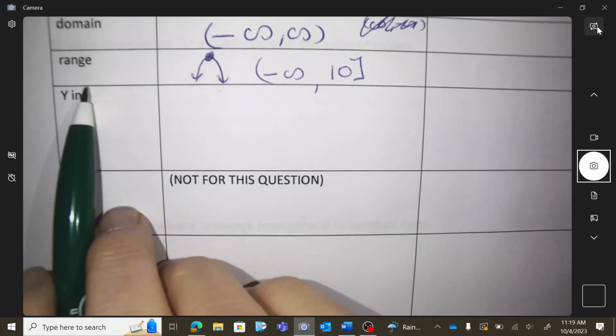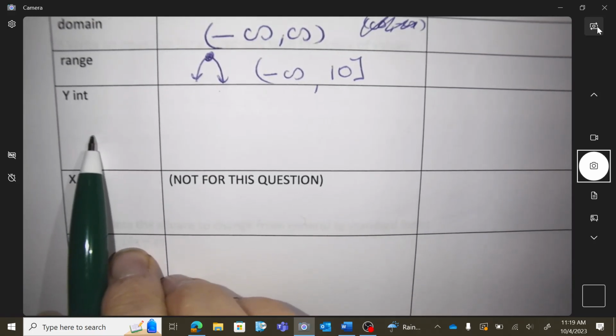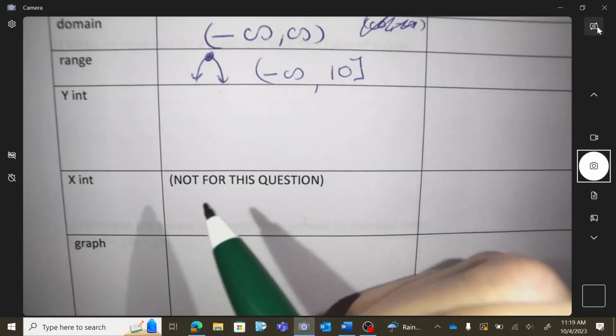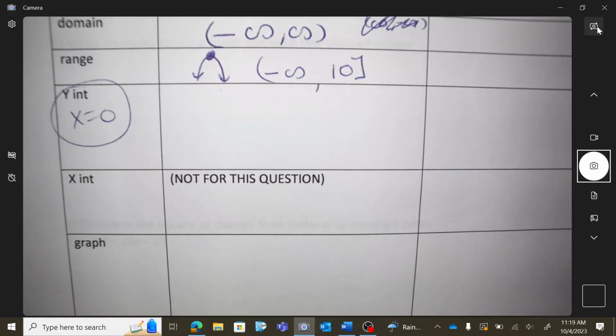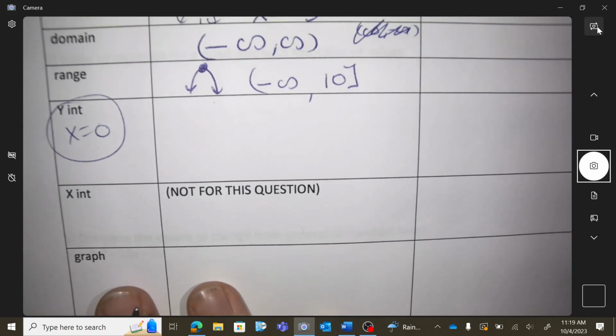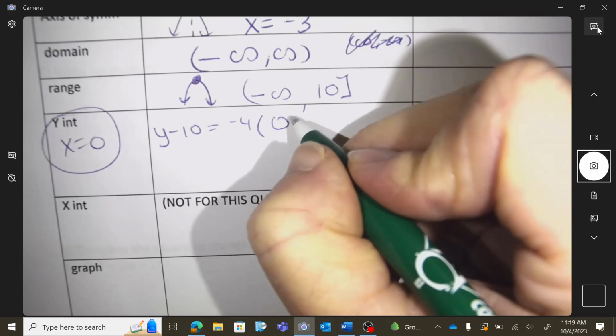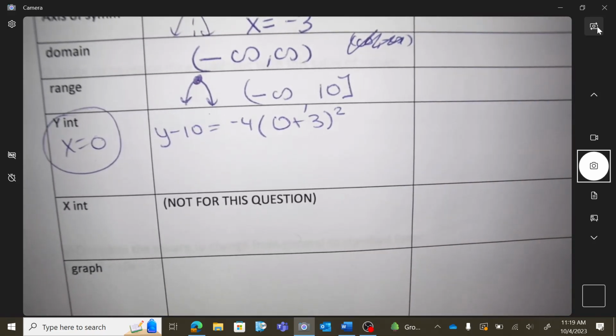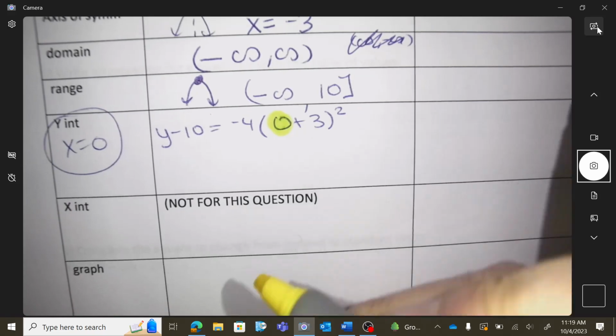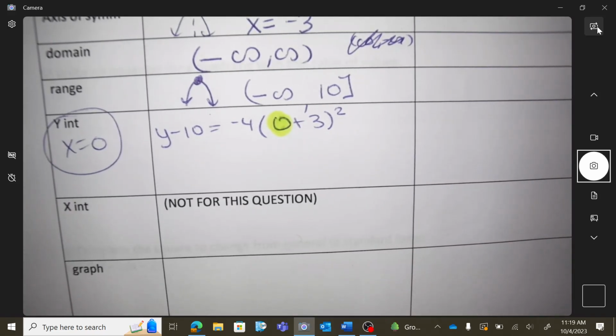What is the definition of a y-intercept, or what should you do all the time whenever you're getting a y-intercept? x equals 0. Okay, so you are just going to do what you told me. Write your equation, and in your equation, make x 0. Now, this is just math stuff.